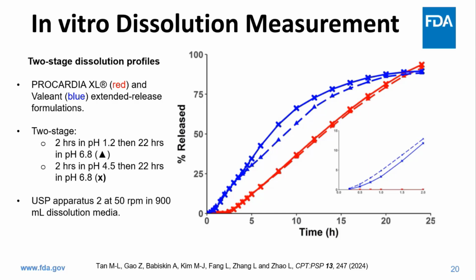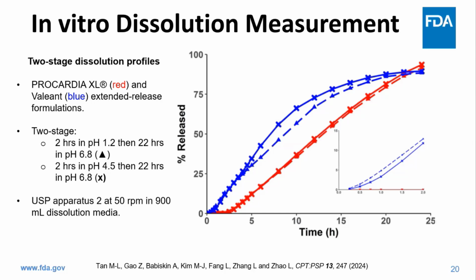The dissolution testing was performed using USP apparatus 2 for each formulation at 37 Celsius with a paddle speed of 50 RPM in 900 milliliter dissolution medium under each of the above pH conditions for a total of 24 hours.